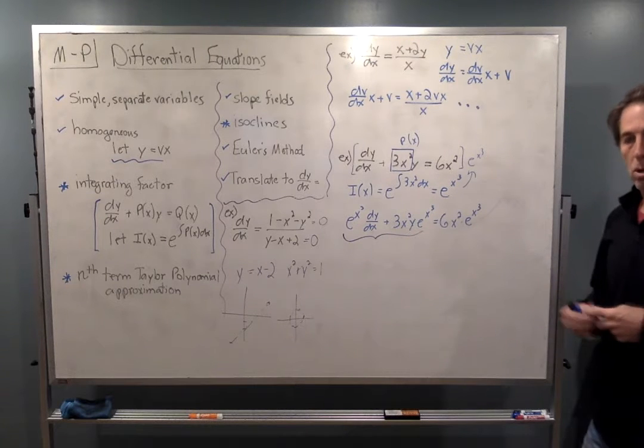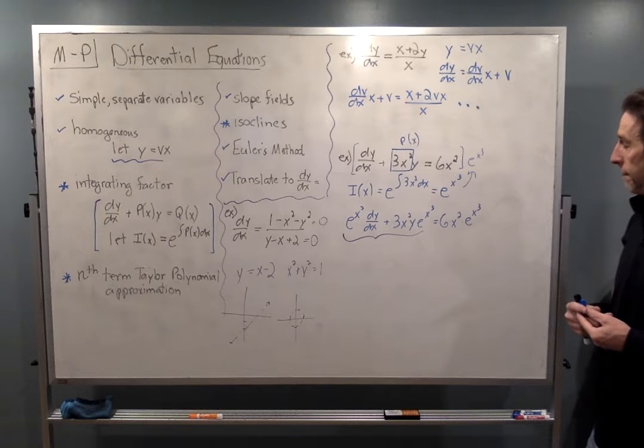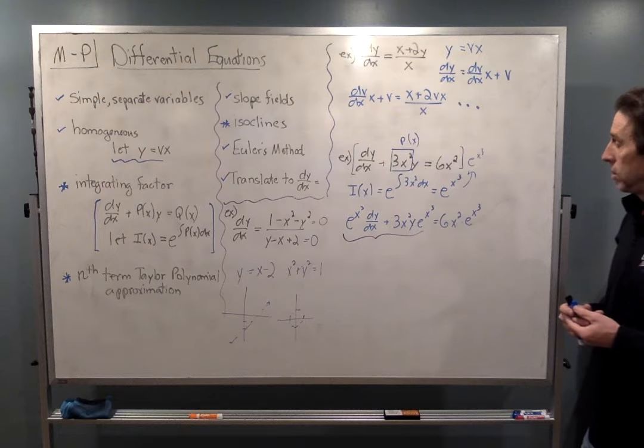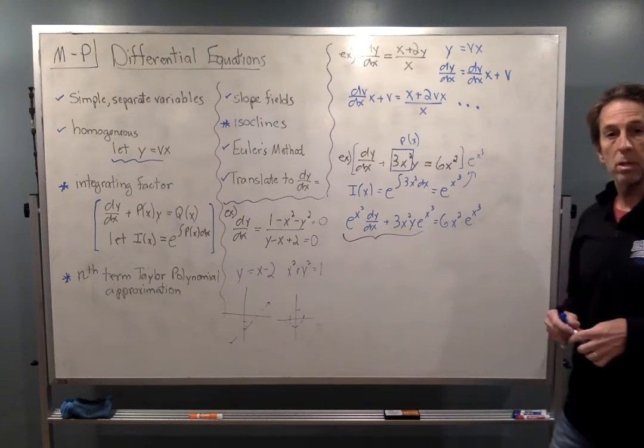This is the result of the product rule of some derivative. If we think about it, what would that be? Well, it looks to be y times e to the x cubed.